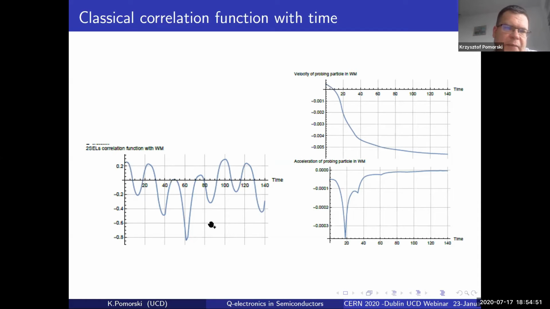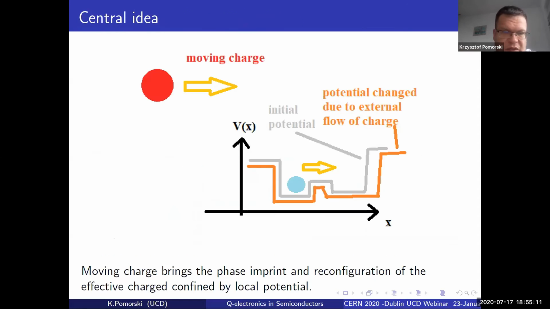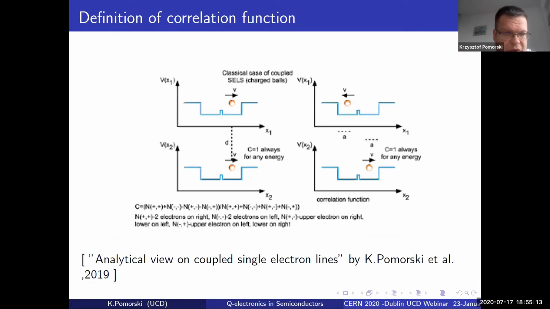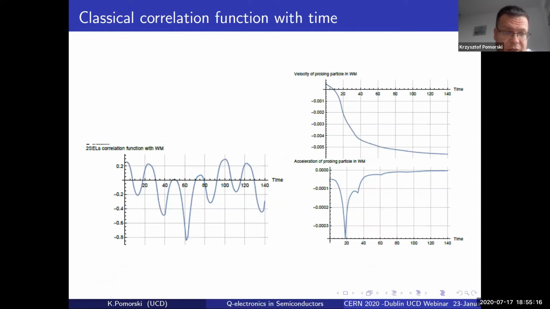And in such a case we have a single electron correlation function of such dependence. You see this is a pretty complex value. Positive values mean that the states are correlated, and negative values mean that states are anti-correlated. So you see the dynamics of the system starts to be pretty complicated.